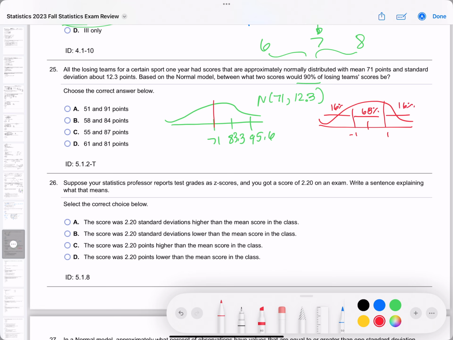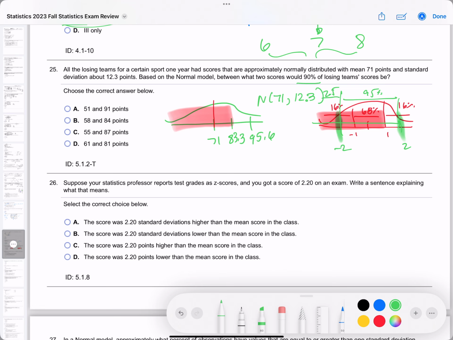So this is a total of 84% to one standard deviation. So for this particular aspect, 83.3 is at 84%, so we know it's going to be a little bit bigger than that. Then at two standard deviations, that's 95% in the middle, but there's 2.5% here, so that's 97.5%. That's a little bit too much.